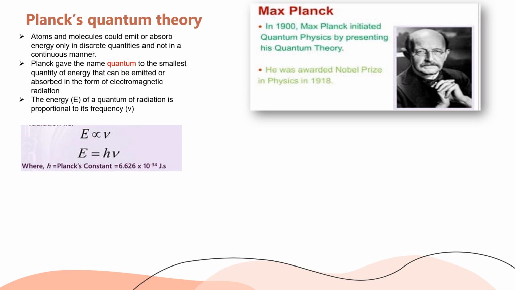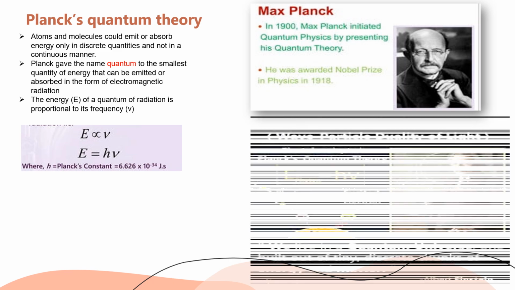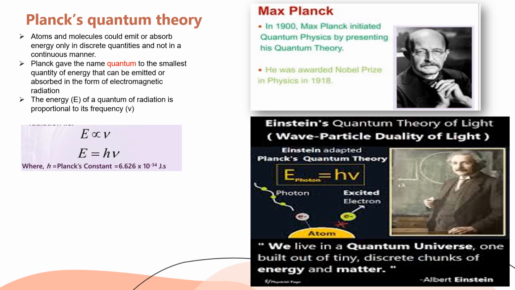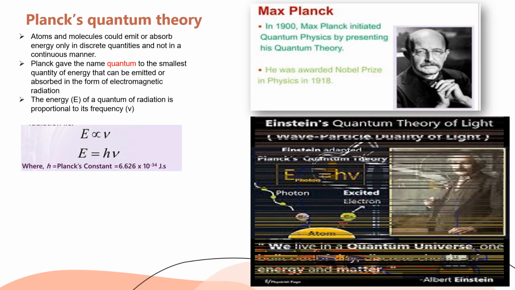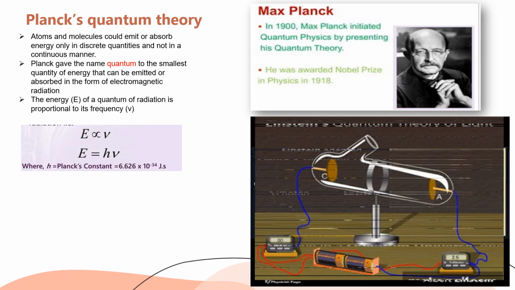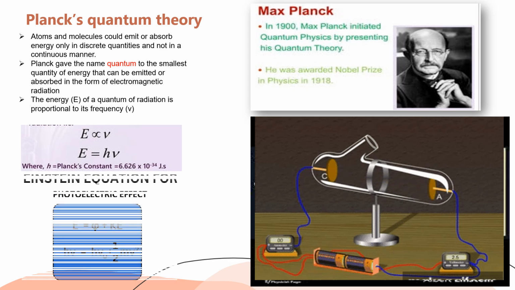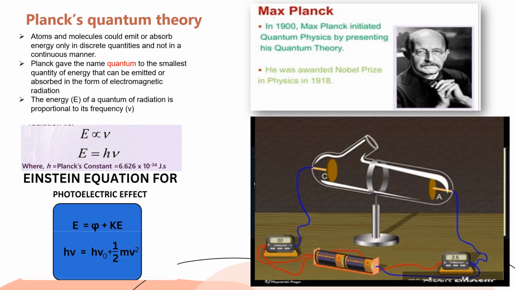With this theory, Planck was able to explain the distribution of intensity of the radiation from a black body as a function of frequency or wavelength at different temperatures. Later, in 1905, Albert Einstein reinterpreted Planck's theory to further explain the photoelectric effect. So finally, scientists accepted that light possesses both particle and wave-like properties.